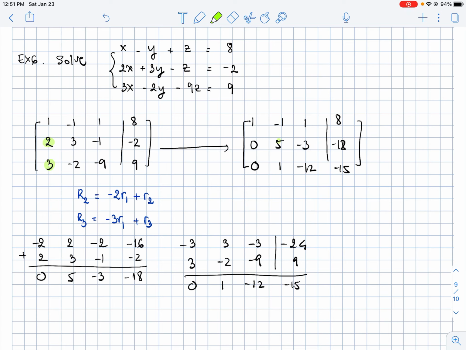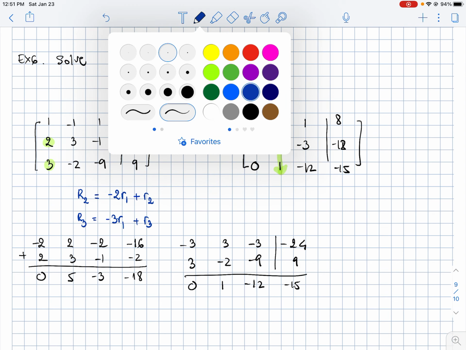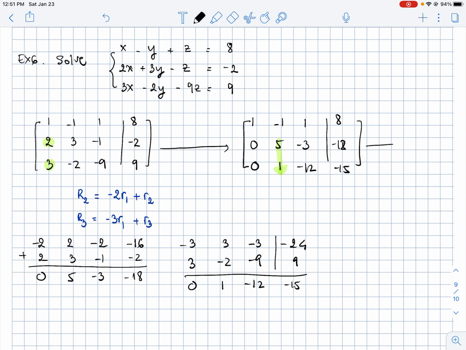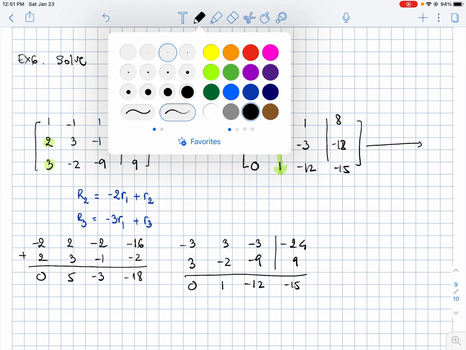Now the second column, right here, we want this location to be 1 and this location to be 0. You notice that we already have 1, so we will switch row number 2 and row number 3.